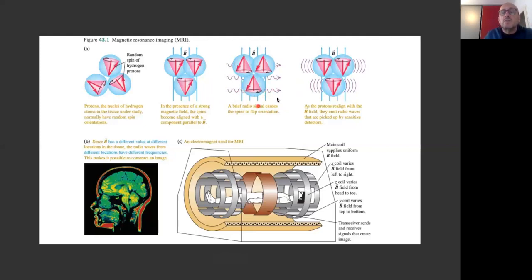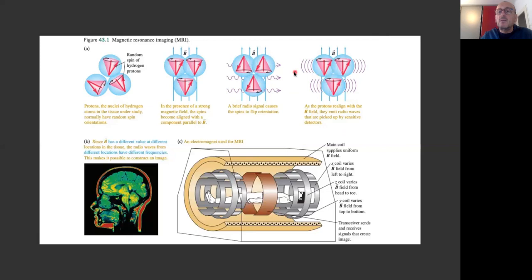And so you get your spins in the system aligned, and you get this radio frequency, and then you stop the frequency, and the spins on the protons will realign. The way how fast this realignment happens gives important information about the surrounding chemical environment of the protons.